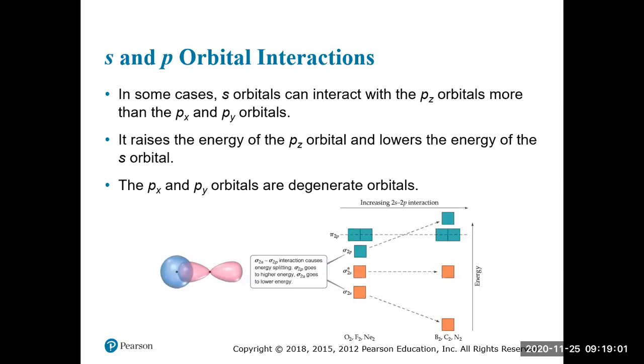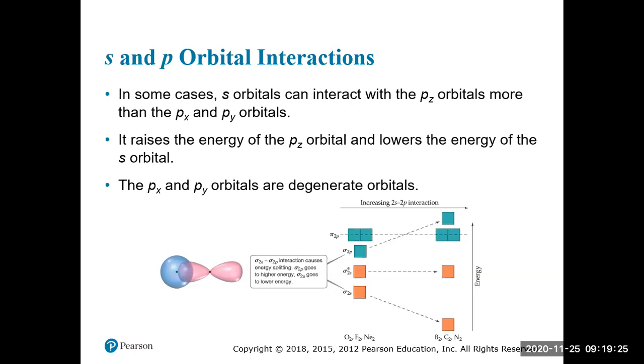We have that pz orbital, which is usually the one that we're talking about when we're talking about this s and p orbital overlap. We have the s orbital on the left, which is that blue circle. We have the p orbital on the right, which looks like two pink balloons there.